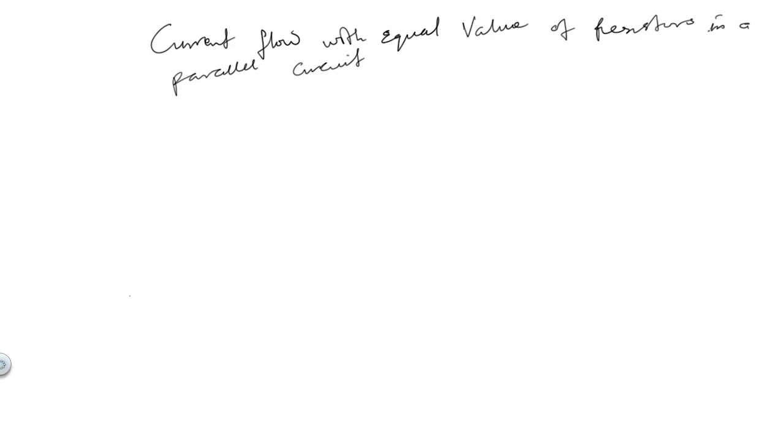So when equal resistances are placed in a parallel circuit, opposition to the flow is the same in each branch. Let me repeat myself again. When equal resistances are placed in a parallel circuit, opposition to current flow is the same in each branch.